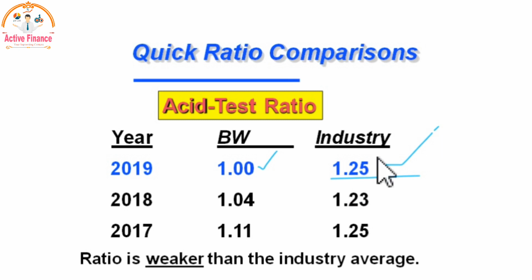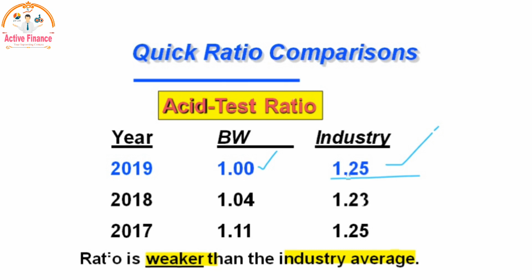It means that the ratio is weaker than the industry's average. So have a look at the problem, where the problem is. It means it identified that there is a problem in inventories.